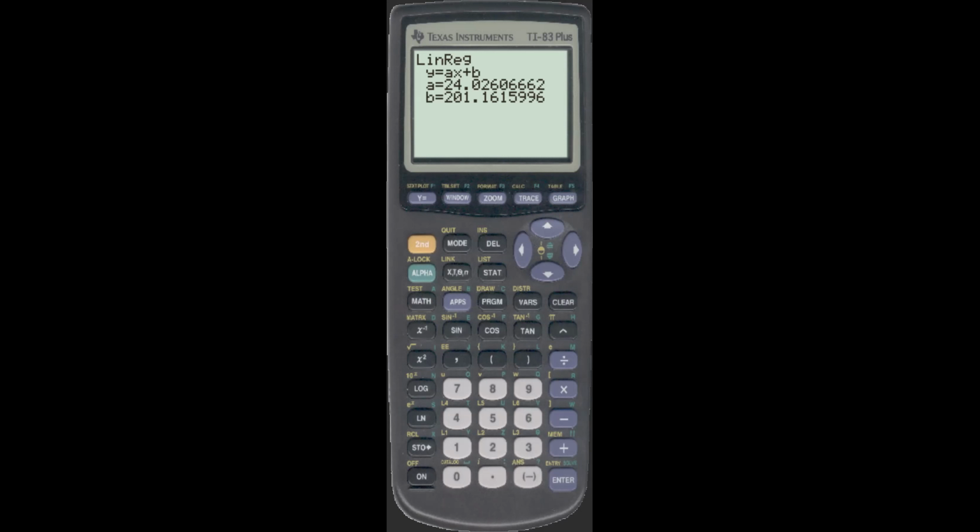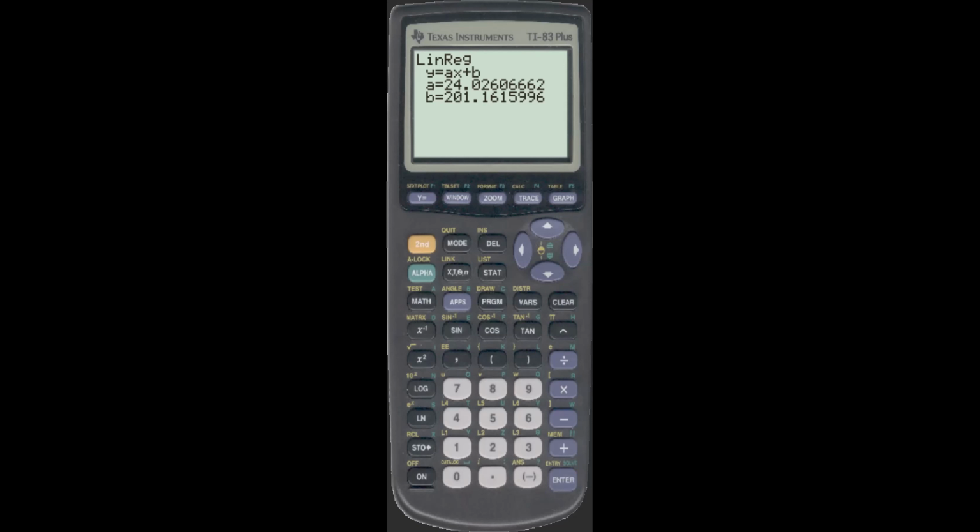I'll show you, but I would write that down if you can. Okay, so we're going to next calculate the residual, and the residual is your y minus your y hat.